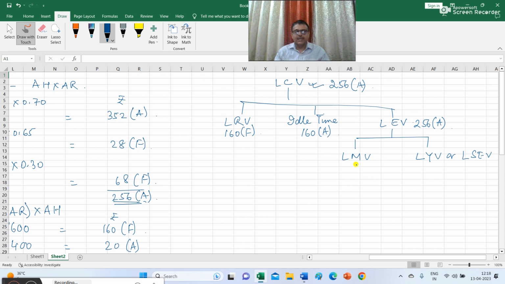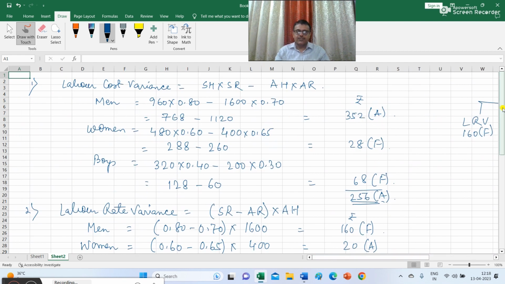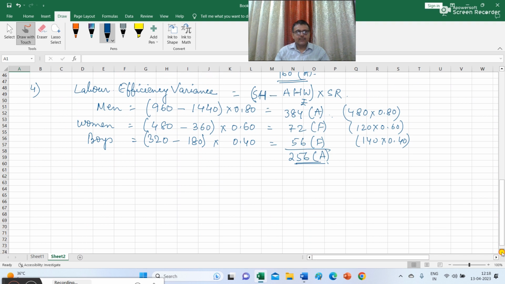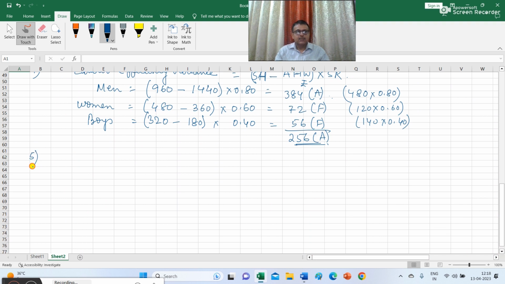Now we will calculate labor mix variance and labor yield variance or sub-efficiency variance. Labor mix variance is calculated from the following formula.